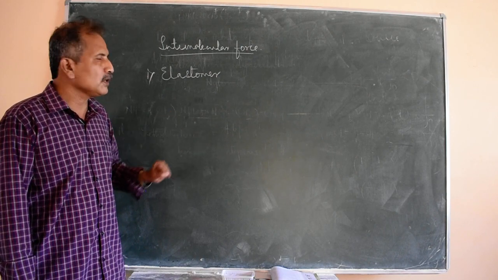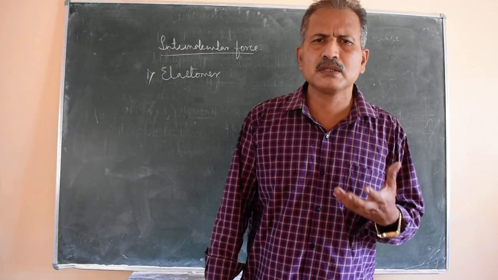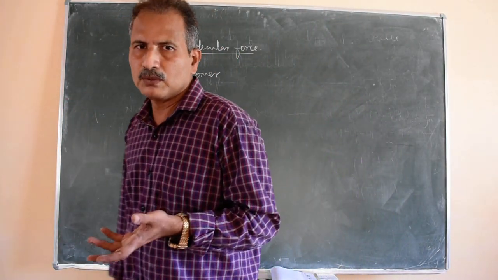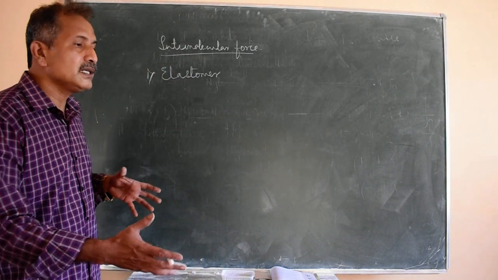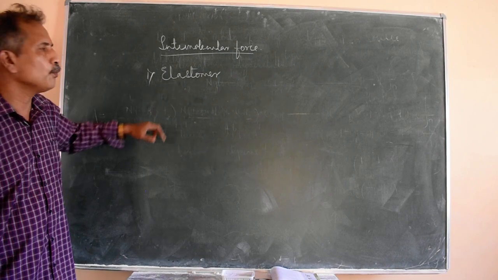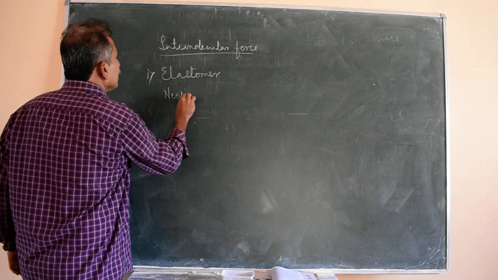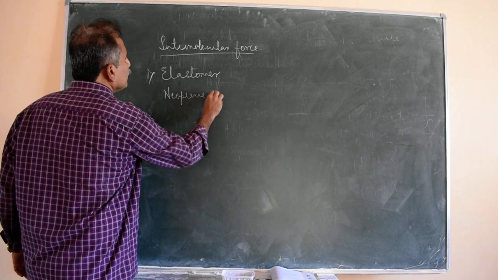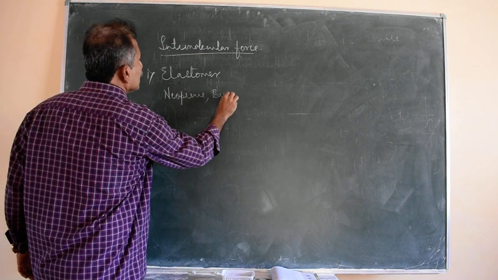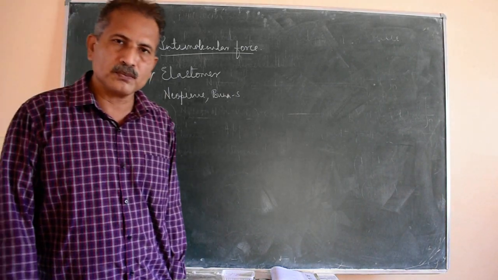So whenever the intermolecular force of attraction is weak between the two monomeric units, that leads to a class of polymers called elastomers. So neoprene is a very good example. Even Buna-S can be a very good example of elastomer.